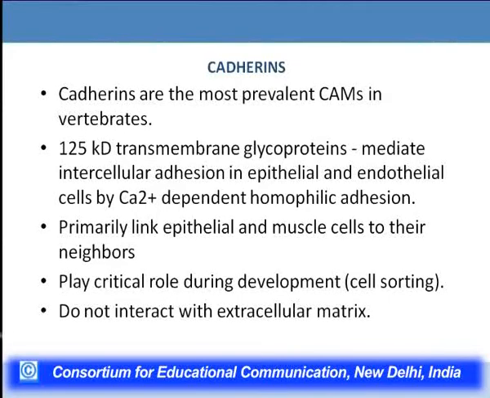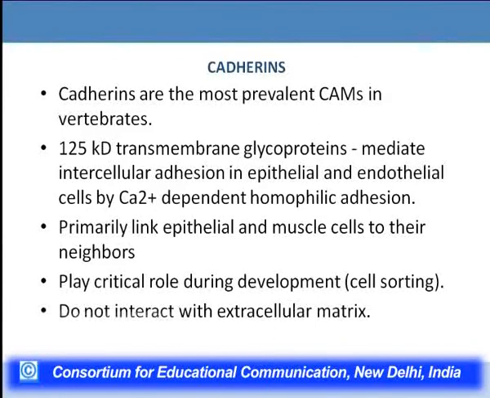Now, these cadherin molecules are dependent on calcium ions for interaction between two cadherin molecules. That is, if calcium ions are absent from the extracellular matrix, there won't be any interaction between two cadherin molecules of opposing cell type. They are basically required for linking epithelial cells and muscle cells to their neighbor, but they play a very critical role during embryonic development.